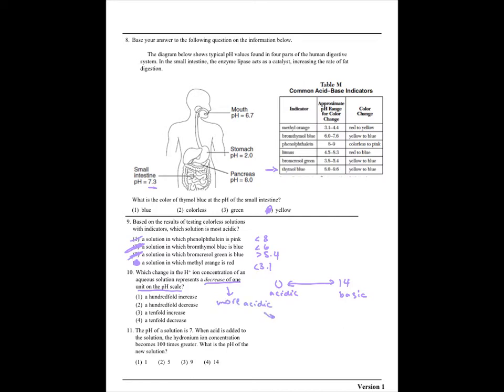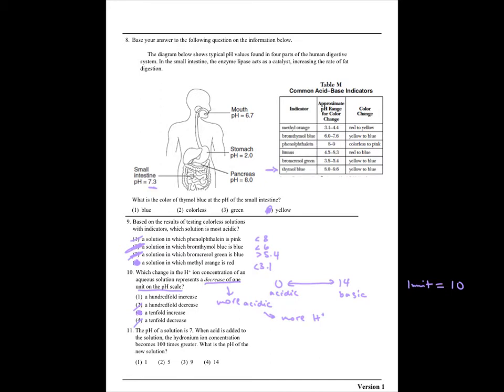And with more acidity, we have more H+, and because 1 unit of difference leads to a factor of 10, it's a 10-fold increase. So it can't be 2 or 4 because we're decreasing, and we got to think about how much 1 unit is. 1 unit equals a factor of 10. Alright, so that's a 10-fold increase.